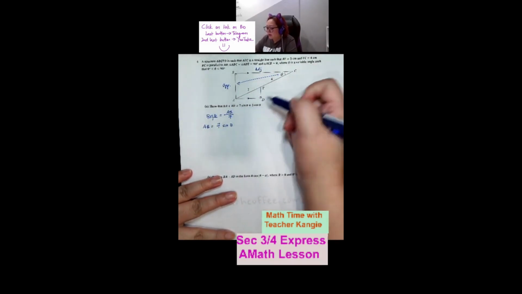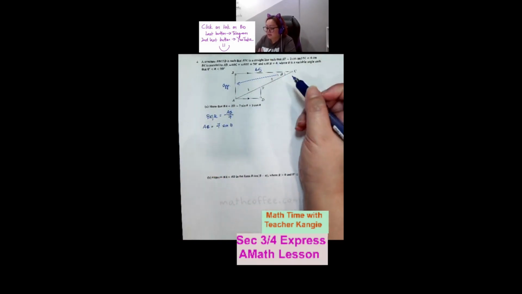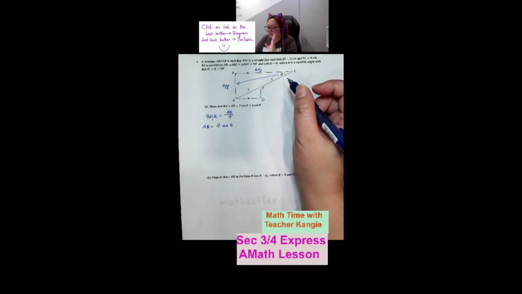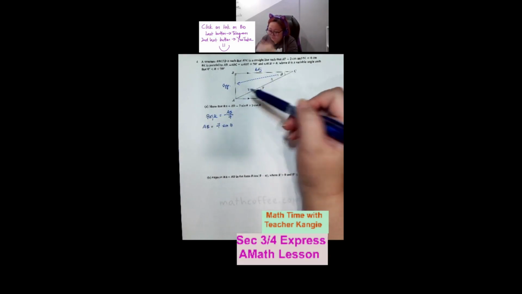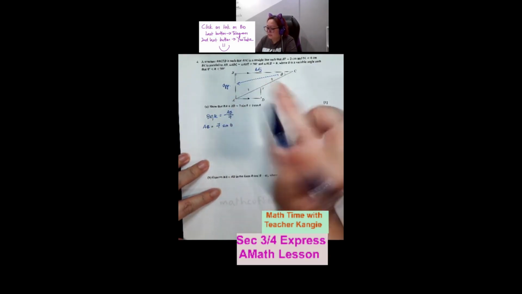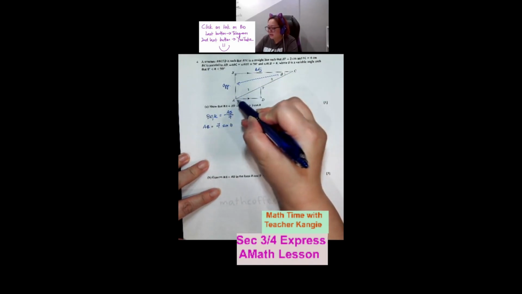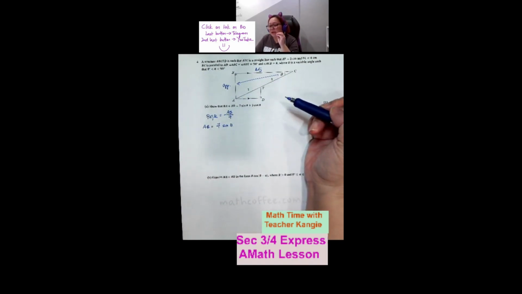The hint is you look at the numbers you have. I can see a 3 here. AD is here, so that means I'm going to use the triangle ADT. Within the right angle triangle, the critical part is you need to identify which is the angle that is theta.